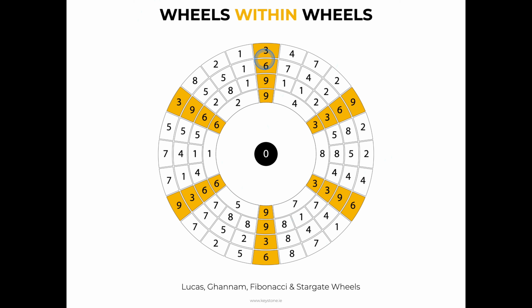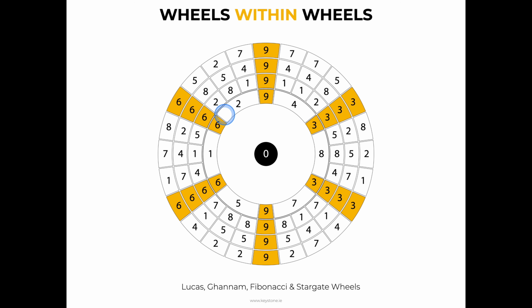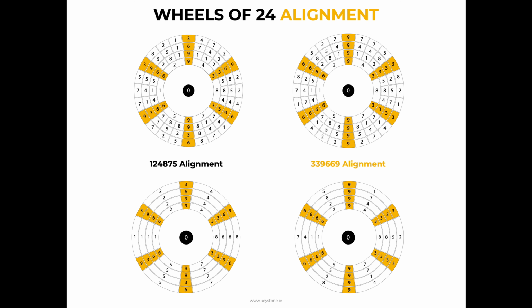So no longer are they all aligned. Or similarly, if we align the golden sections, the white ones move around. It still keeps the Stargate pattern of 1, 2, 4, 8, 7, 5. It just moves around.